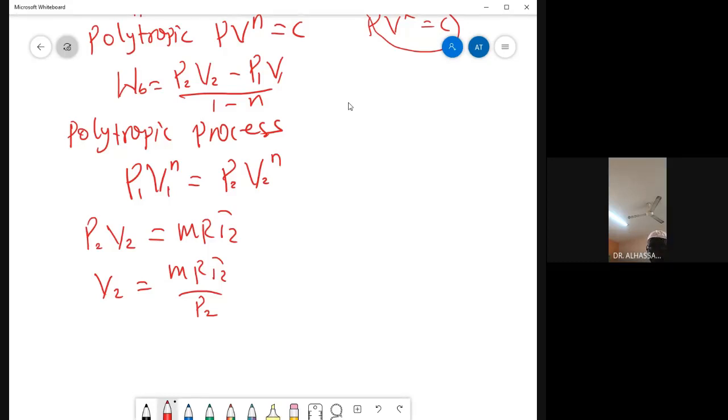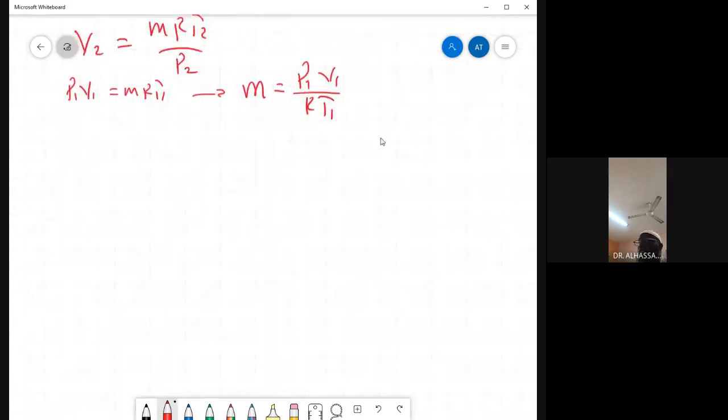So mass can be given from the ideal gas law, P1 V1 equals mRT1. So the mass of the gas m equals P1 V1 divided by RT1, where R is the ideal gas constant for argon.